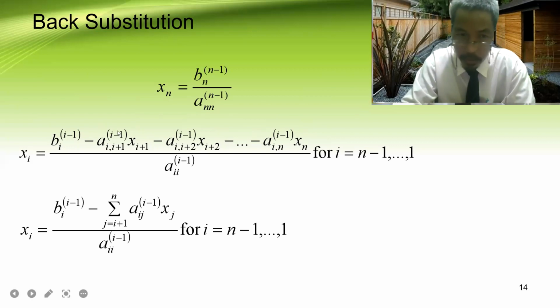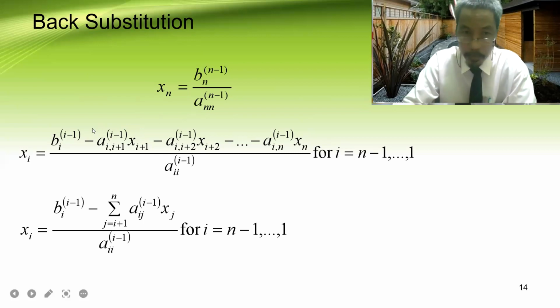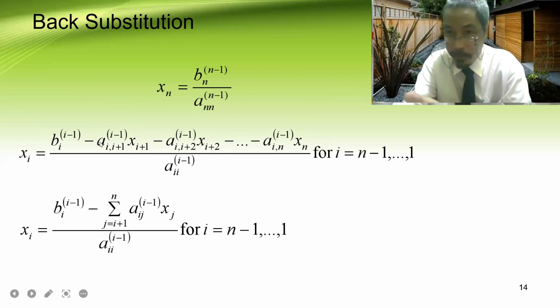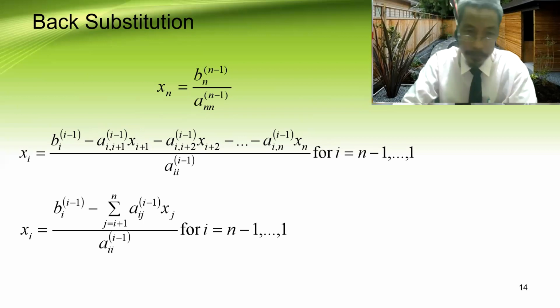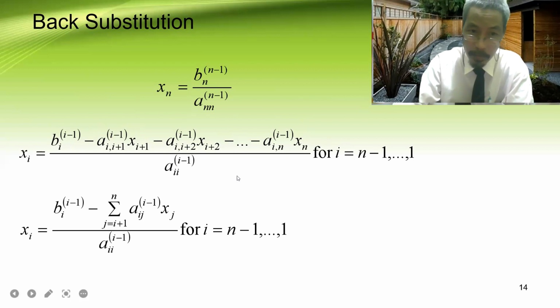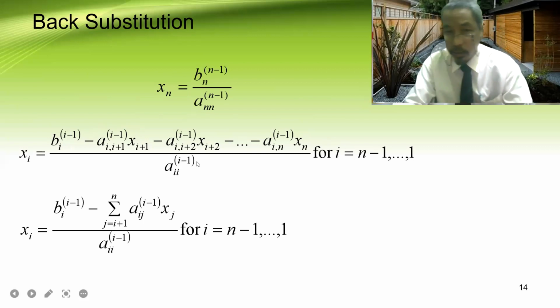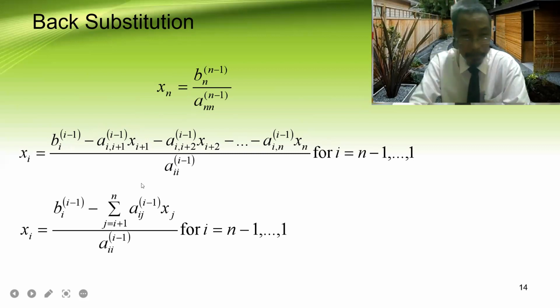All of the coefficients of the variables will become negative because they transpose to the other side of the equation, and all divided by a_(n-1,n-1) to the power n-2 prime.